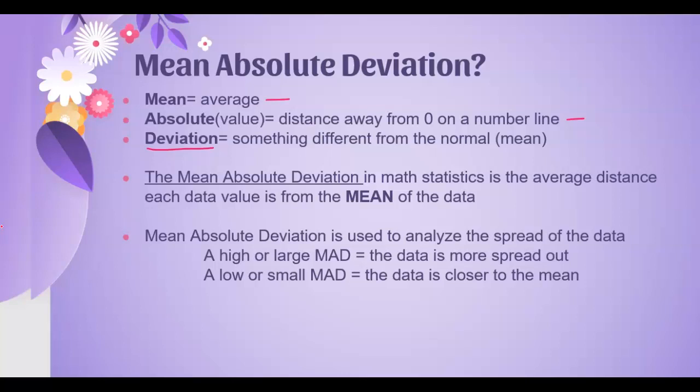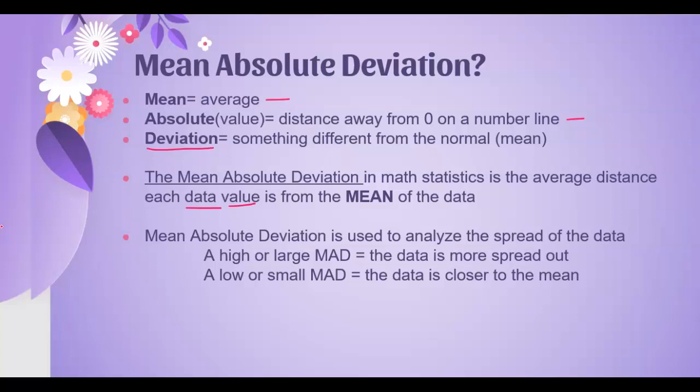Remember, we'll find the mean of the whole data set, and then we're going to figure out the average distance that each data value is away from the mean. So when we talk about mean absolute deviation, we use that number to analyze the spread of the data. If you have a high or a big number, then that means the data is more spread out and you won't have as much predictability there.